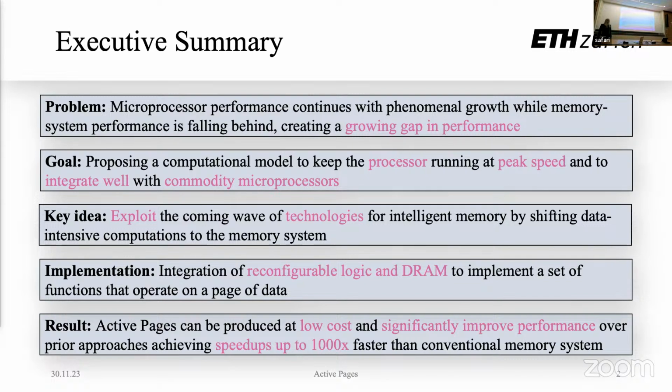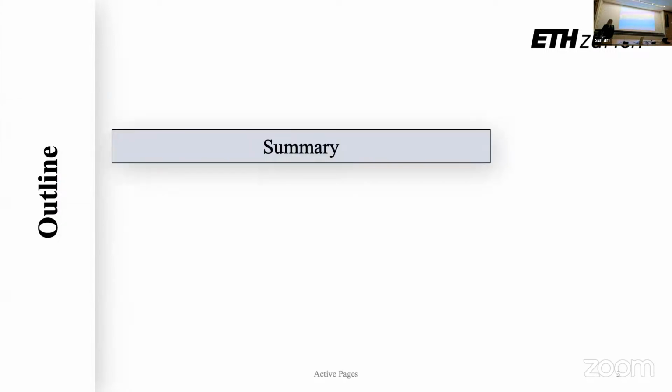As we will see, the results of the active page model are highly promising, achieving up to 1,000 times more speedup when compared to a conventional memory system. Now for the outline of my presentation, first I'll focus on the summary.